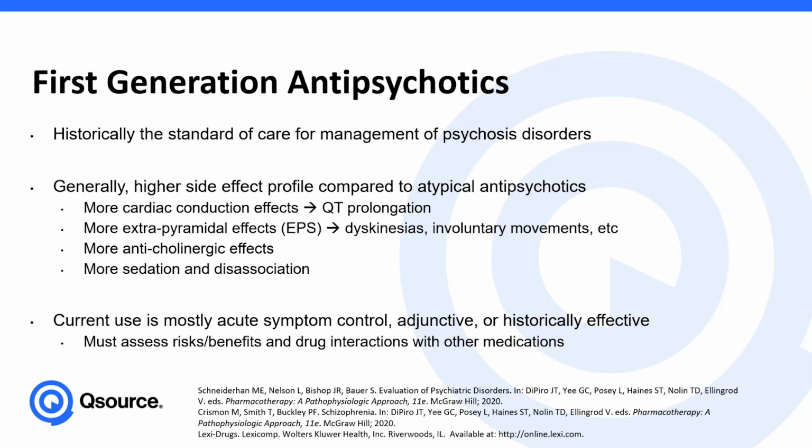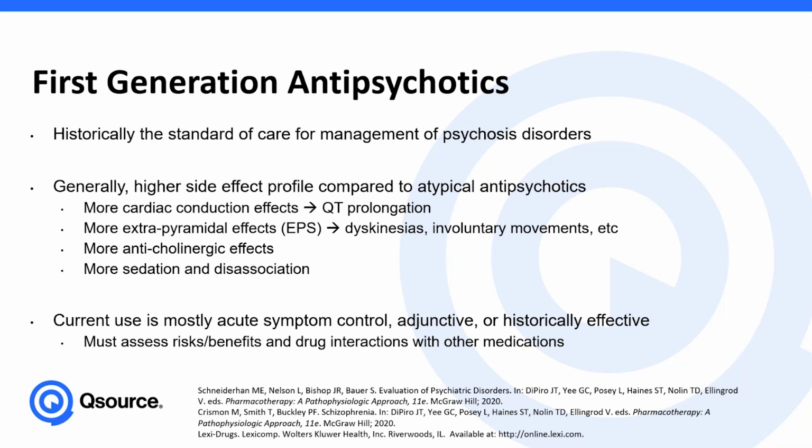The risk of QT prolongation is arrhythmia, including fatal arrhythmias. And so our patient population in the long-term care setting tends to be at higher risk because of other medications and other disease states. And so when we add on these first-generation antipsychotics, they tend to cause more problems.